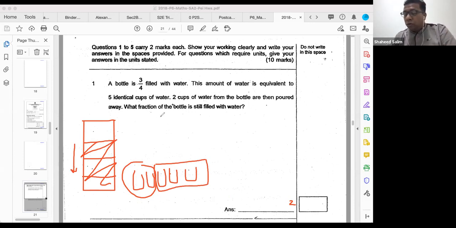What you need to do now, you can use the ratio method. Ratio method is you can have part and whole. This one is 3 parts. The whole thing is 4 parts. These 3 parts are the same as 5 parts. Down here, the whole we don't know, but we can find out what number we can make it the same.